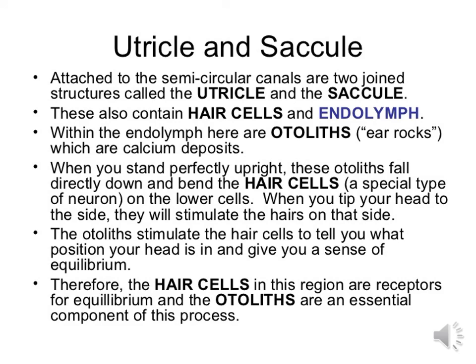When you tip your head to the side, they stimulate the hair cells on that side. The otoliths stimulate the hair cells to tell you what position your head is in and give you a sense of equilibrium. Therefore, the hair cells in this region are receptors for equilibrium, and the otoliths are an essential component of this process.